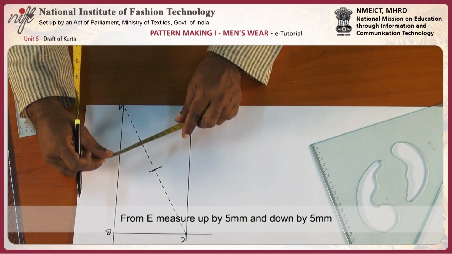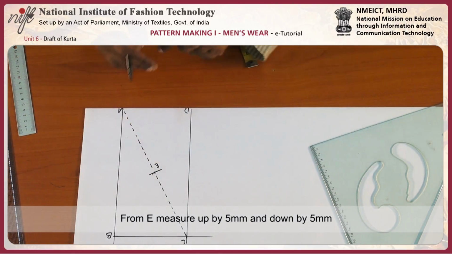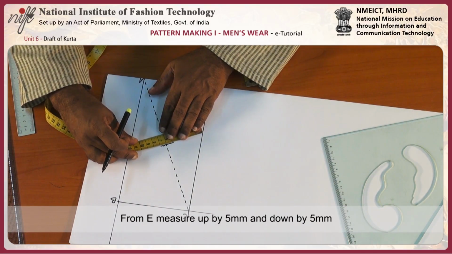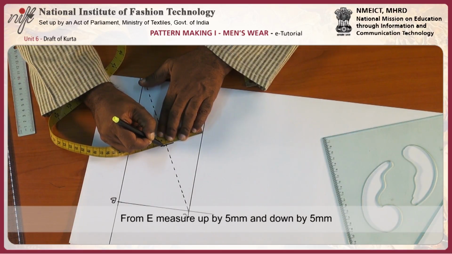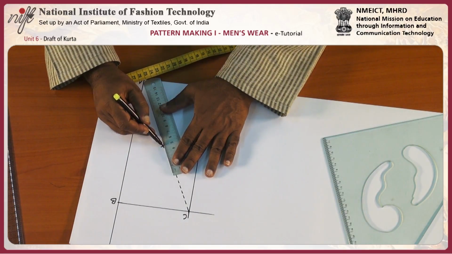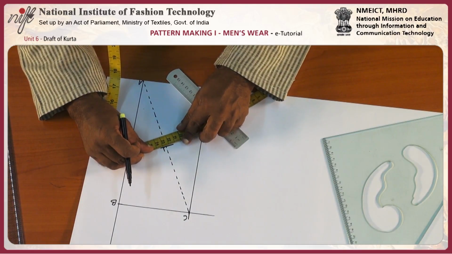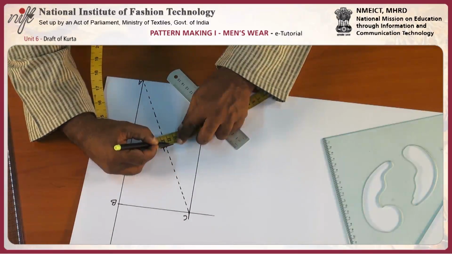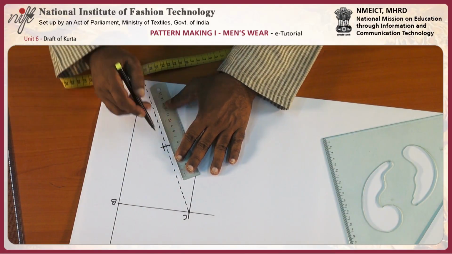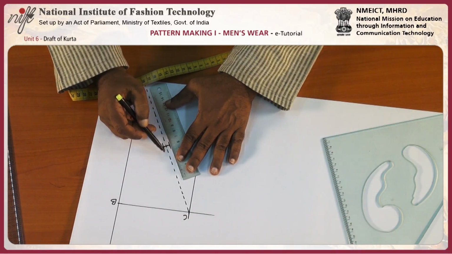From point E, measure up by 5 millimeter and down by 5 millimeter. Remember, kurta is a comfort garment, semi-formal, so you need to consider flexibility in the fit.